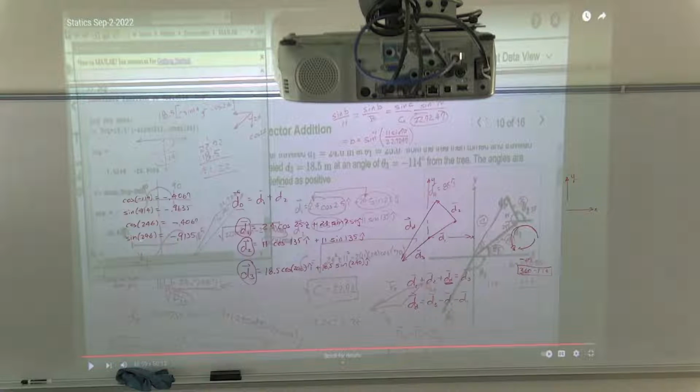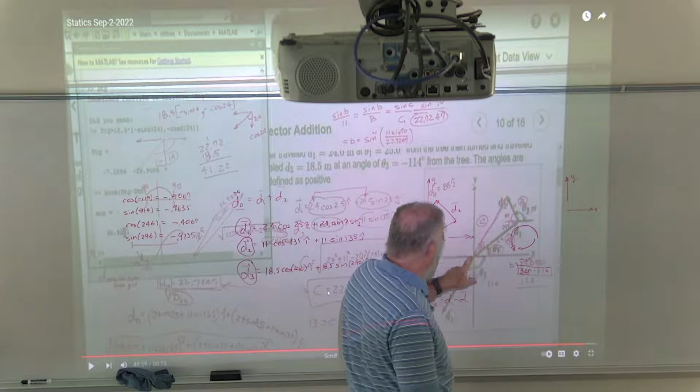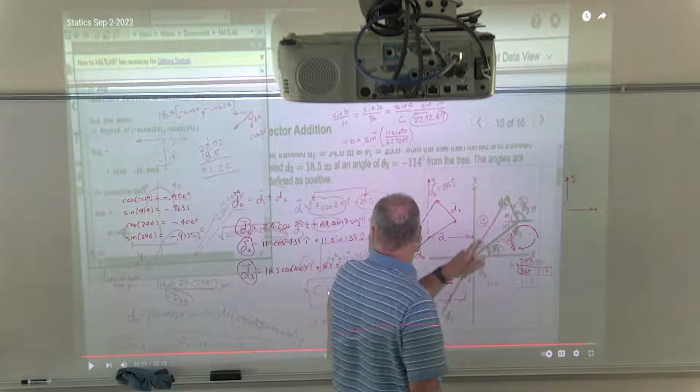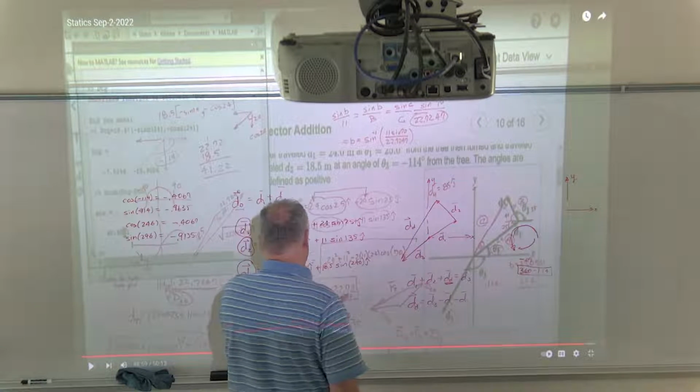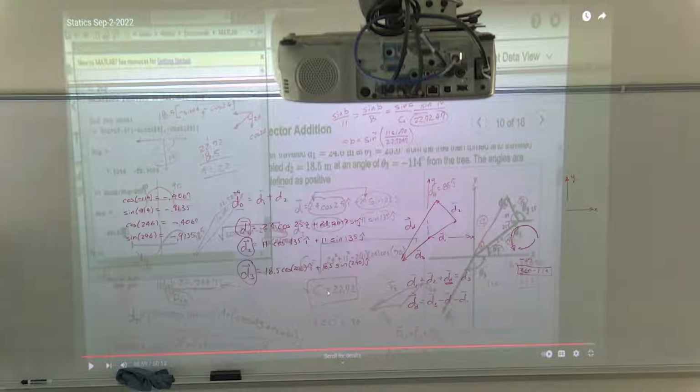So we did it by the component thing, and you'll find this distance is 22.72. That's off of the other lecture. This time we're doing pure components.